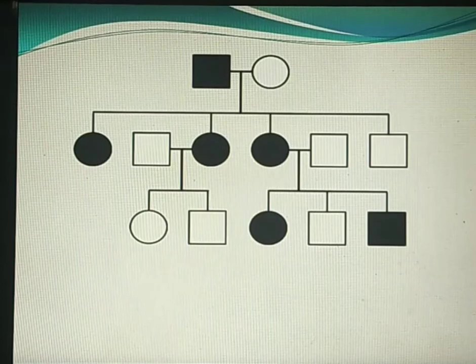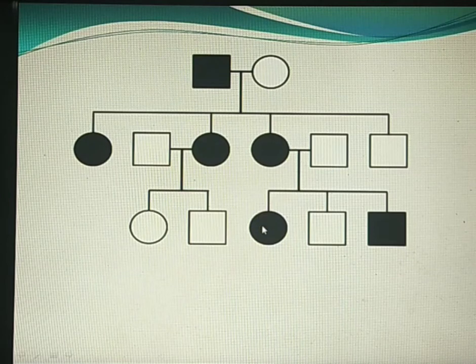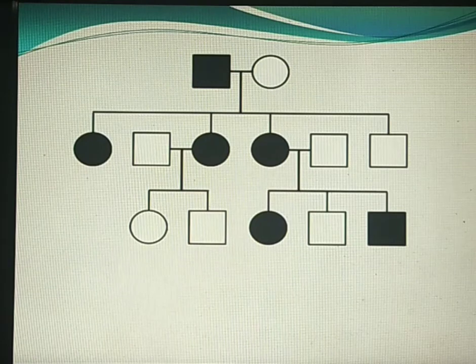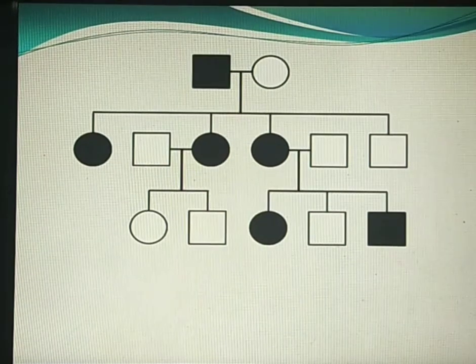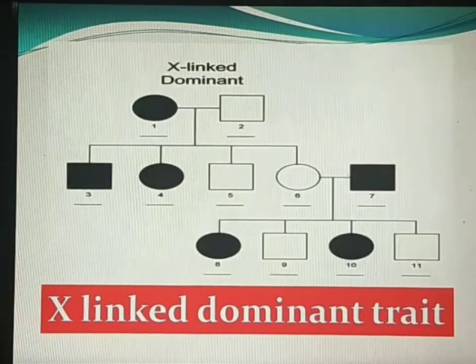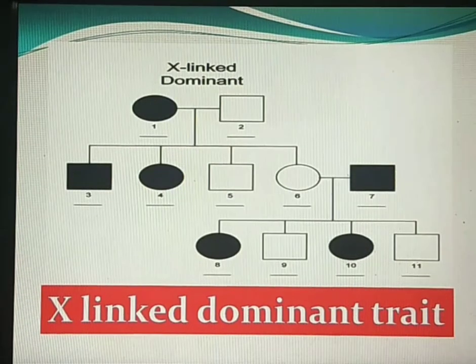Another clue we can see here is that an affected female parent will have males as well as females receiving that trait. So this indicates it is an X-linked dominant trait. This is also another example of an X-linked dominant pedigree.